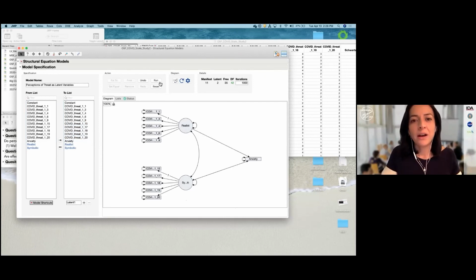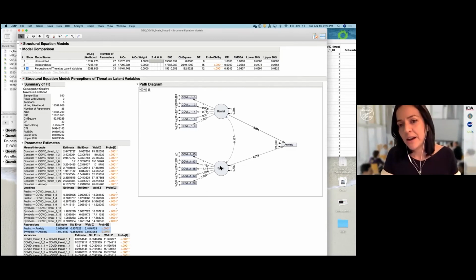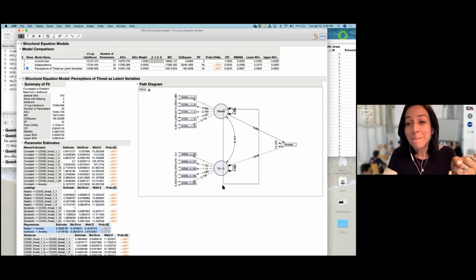Fitting this type of model is going to get us estimates that, depending on how much error is in our observed variables, if there's a lot of measurement error, are likely to vary from what we would have obtained with the averages. So not only can we capture the latent variables, but we can also model them directly in SEM.